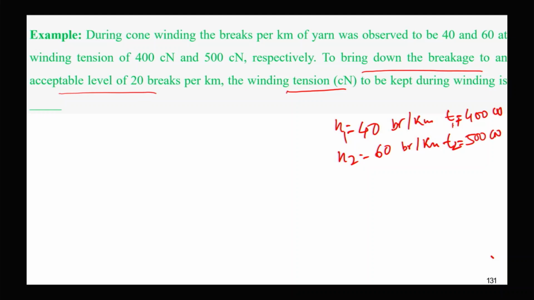Okay. And X is equal to 20 and T we need to know. So this is the relationship.